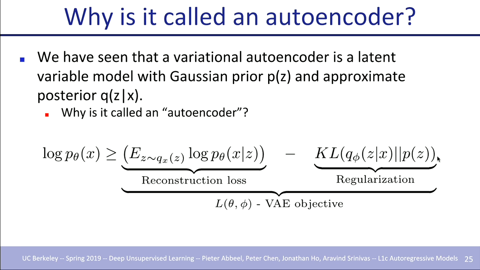You have to be regular in terms of what distribution you're optimizing for. So you can think about this as the regular autoencoder objective, and then this term as trying to make sure that the latent space is some kind of a standard normal Gaussian.